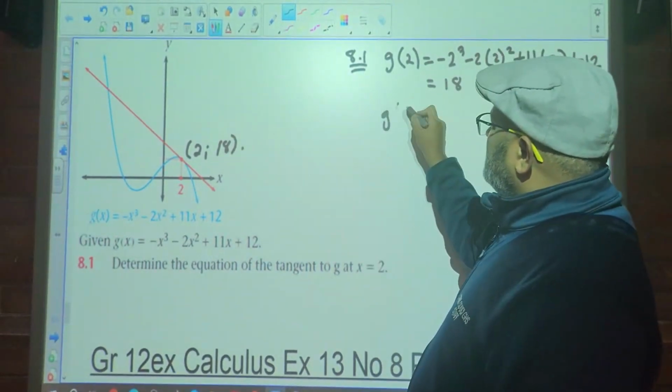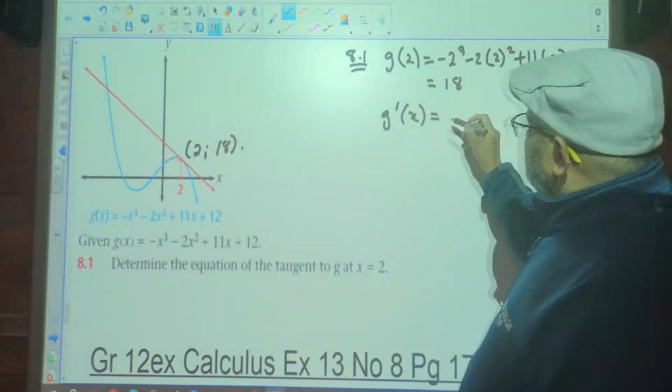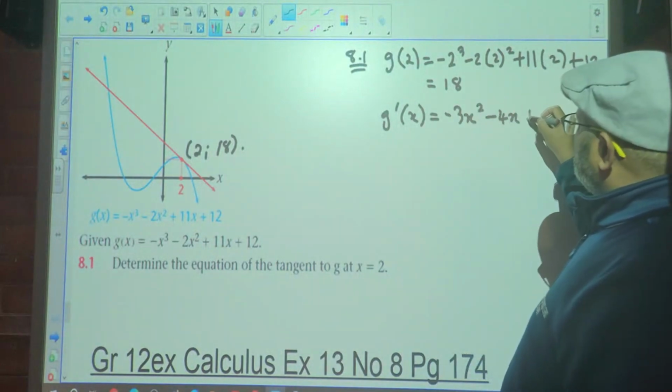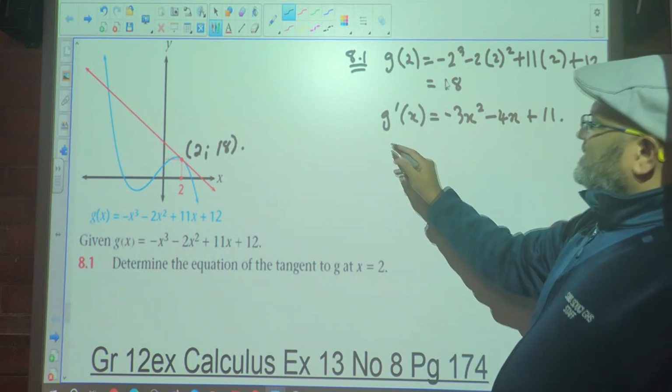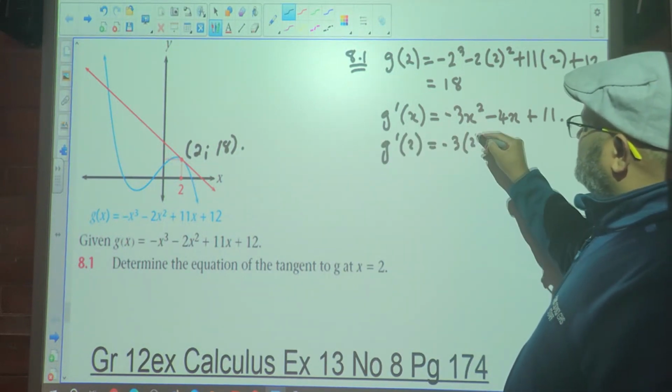So what we do is we work out our g prime of x, g dash of x. I apply my derivative here, because that's my general gradient anywhere along the curve. So what is the gradient at 2? If I say x, I put there 2.